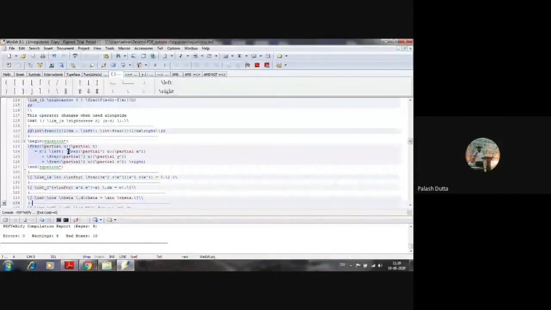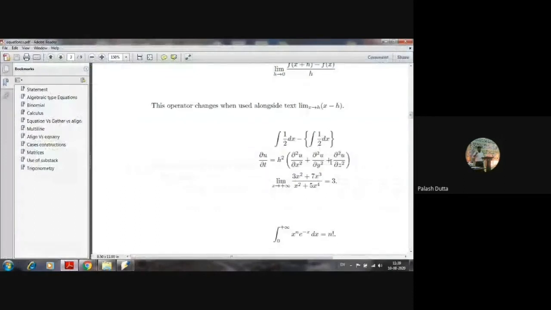Frac, in the numerator it is partial u and in the denominator slash partial t means del t, right? Then h square, left this much. Using this expression, we will have this sort of expression.